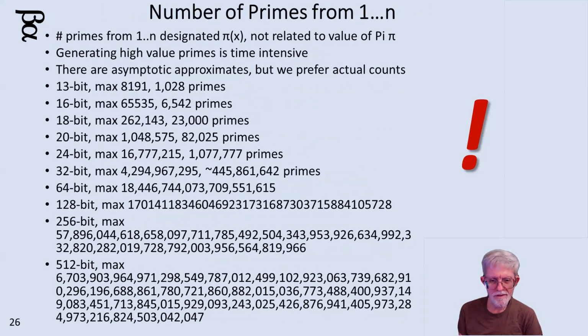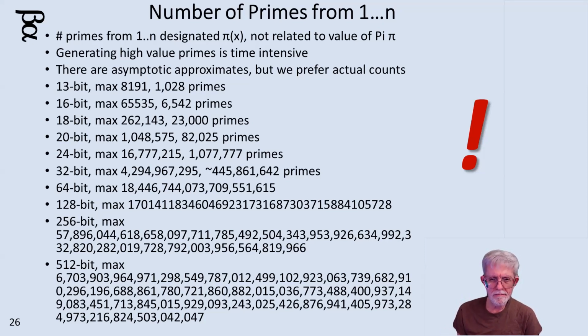So for those of you that want to know how this fans out, how it gets wide very fast, the number of primes is actually a designated mathematical function, pi of x or pi of n. But it's not related to 3.14159 whatever pi. It's just they gave it that symbol. Why they couldn't pick a different symbol, they've got an entire Greek alphabet, but the pi of a value is the number of prime numbers between 1 and that number.